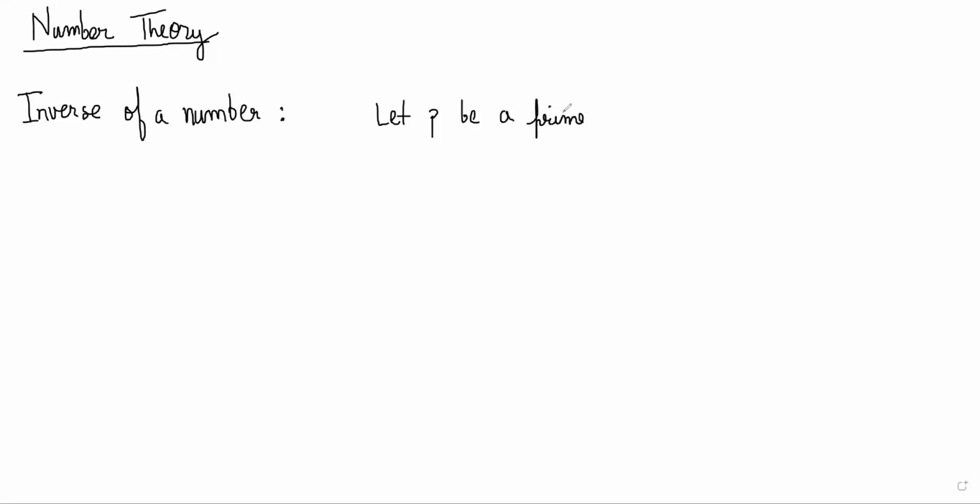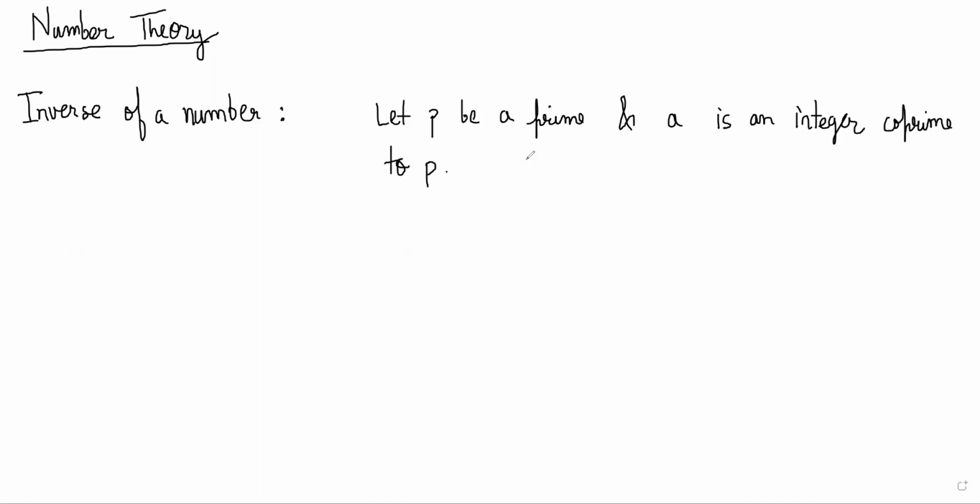Okay. So we'll begin with something that we did not discuss completely in the last class: inverse. So, inverse of a number modulo p. Let p be a prime and a an integer that is co-prime to p.